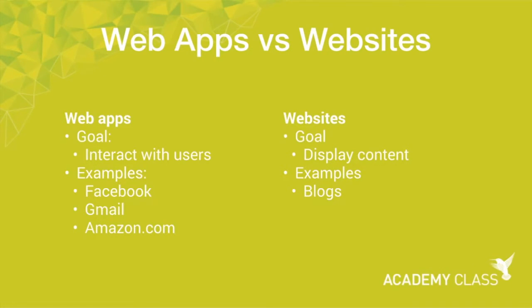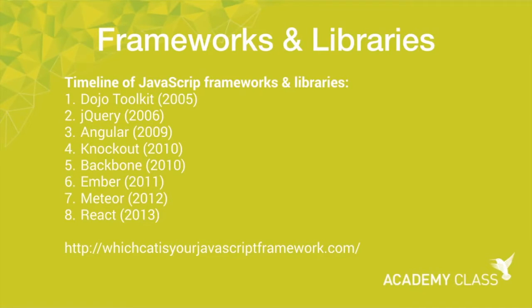On the other hand, for websites, the goal is to display content. For example, all types of blogs, corporate websites, etc. So that's the difference, and knowing that, we can move to the frameworks and libraries required to develop web apps.